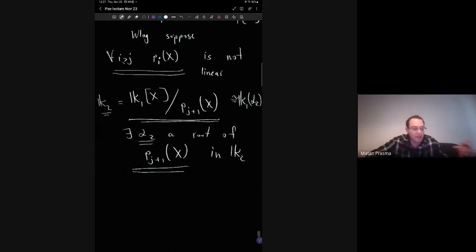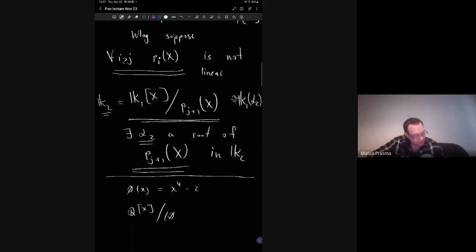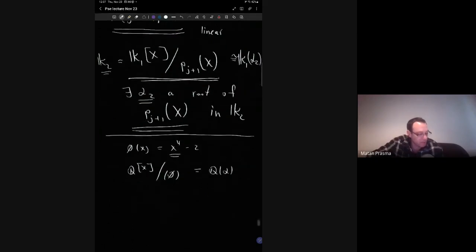Now, in this example, I take phi again, like x to the 4 minus 2. I take Q[x] modulo phi. This is some Q(alpha), for alpha being a root of this polynomial.